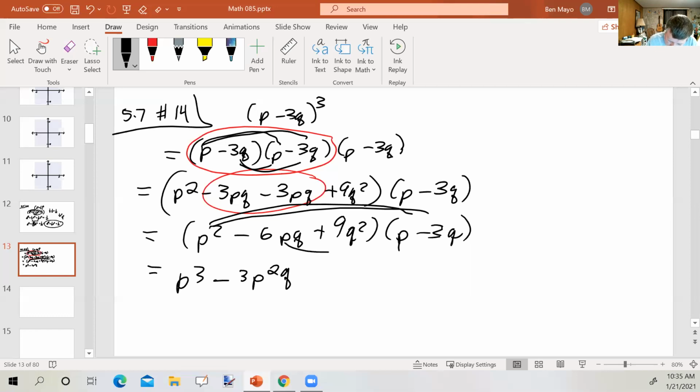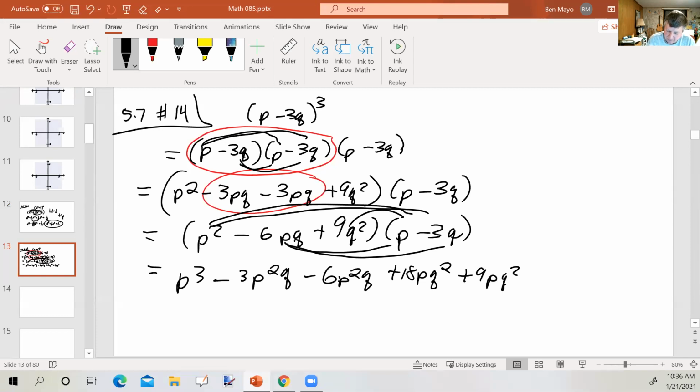All right, here we've got minus 6pq times p, which is minus 6p squared q, minus 6pq times minus 3q, which is plus 18pq squared. And then 9q squared times p would be plus 9pq squared. And 9q squared times minus 3q would be minus 27q cubed.